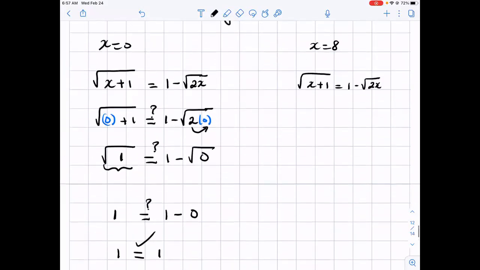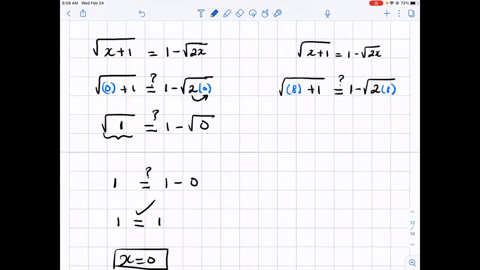Now let's go ahead and check the other possible solution, x is 8. So I replace x with 8, and then we have plus 1. And is that equal to, when we plug this in, x is 8. So 8 plus 1 becomes the square root of 9.